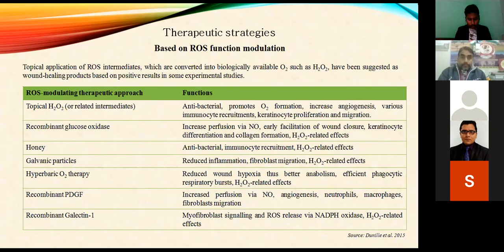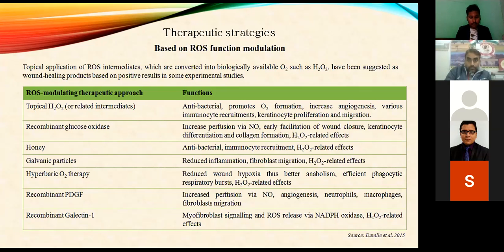And these are some ROS function modulators. First, topical hydrogen peroxide or related intermediates. It has antibacterial activity, promotes oxygen formation, and increases angiogenesis and various immunocyte recruitment.